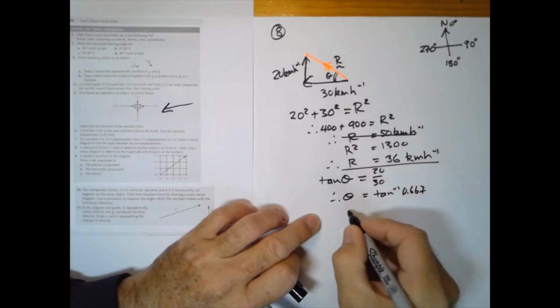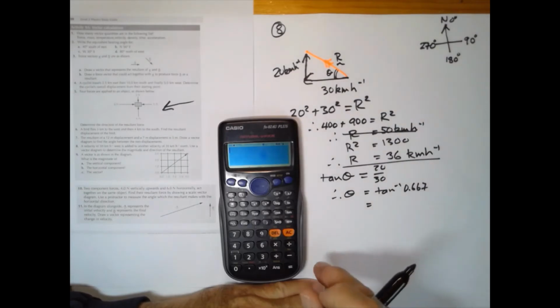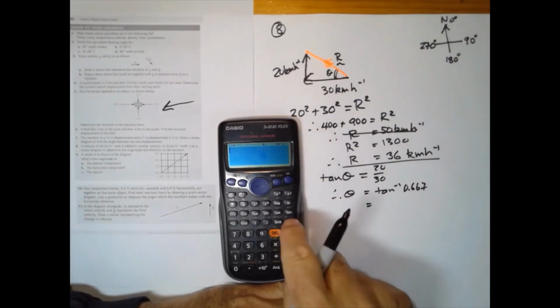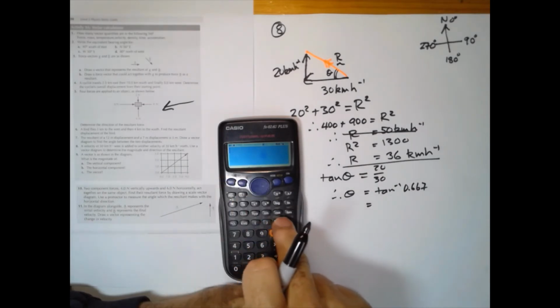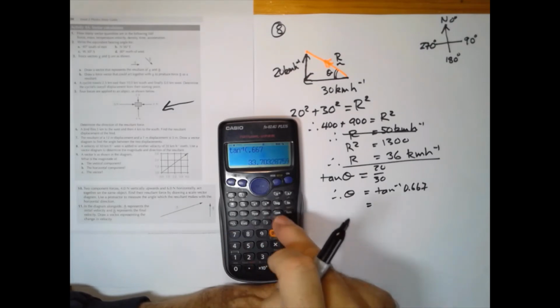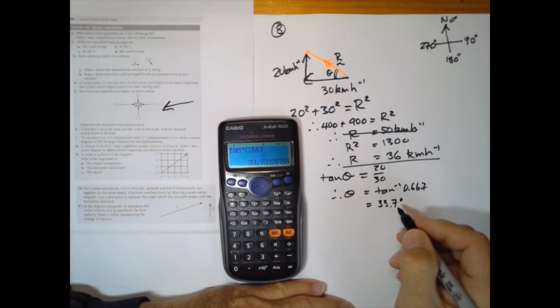Therefore theta is equal to inverse tan 0.667, which equals 33.7 degrees. So let's work that out as a bearing.